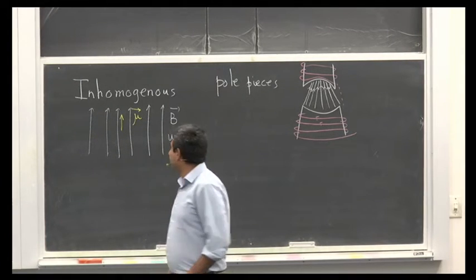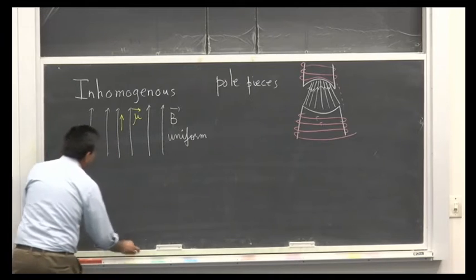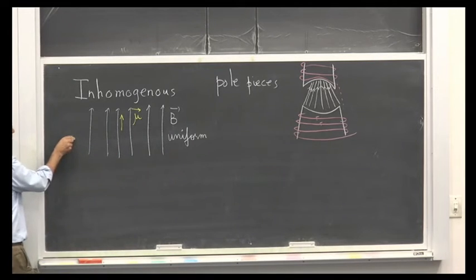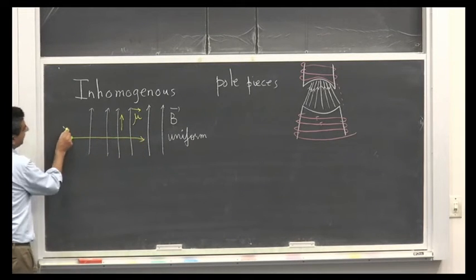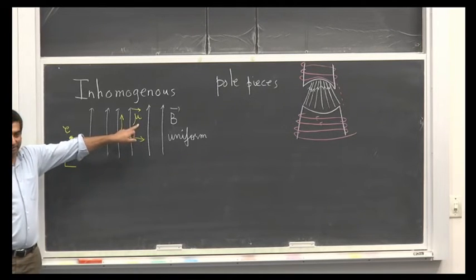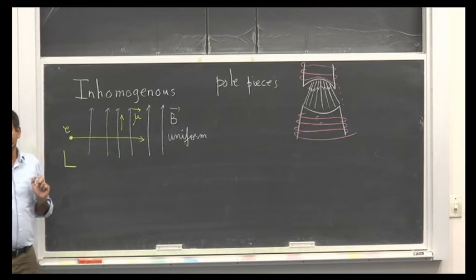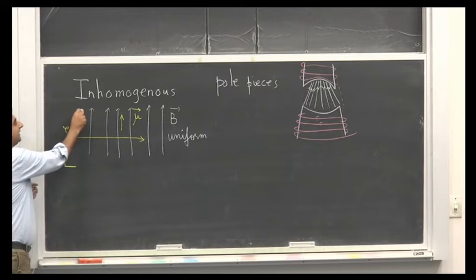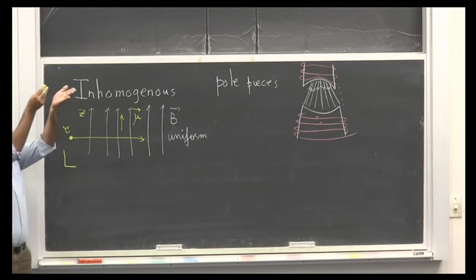Okay? So if I have electrons coming into this region, this is my electron with a certain angular momentum L, which means a certain magnetic moment mu, and now I have a z-axis because I've defined the direction of the magnetic field.